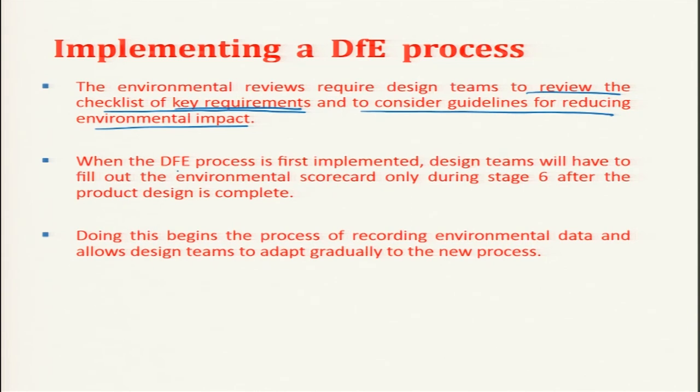When the design for environment process is first implemented, design teams will have to fill out the environmental scorecard, as I just mentioned, only during stage 6 after the product design is complete. So, the product design is already complete, and the scorecard, for working on the requirements, the specific requirements and the scores of the different guidelines, is filled in stage 6.